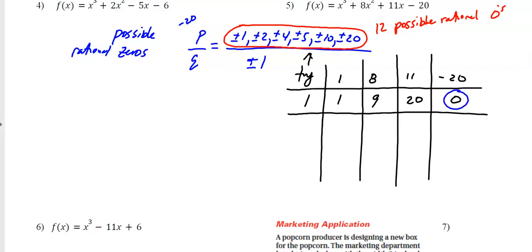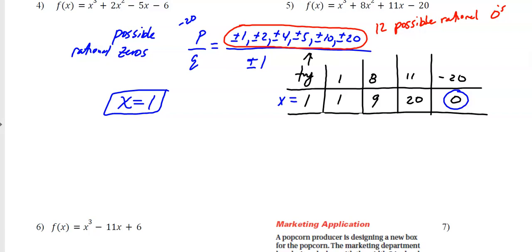So I got lucky. Well, this is really lucky. The very first one worked. So I know that x equals 1 is one of the zeros. Well, now what I'm going to do is try to use what's left to factor it and see if I get lucky here.